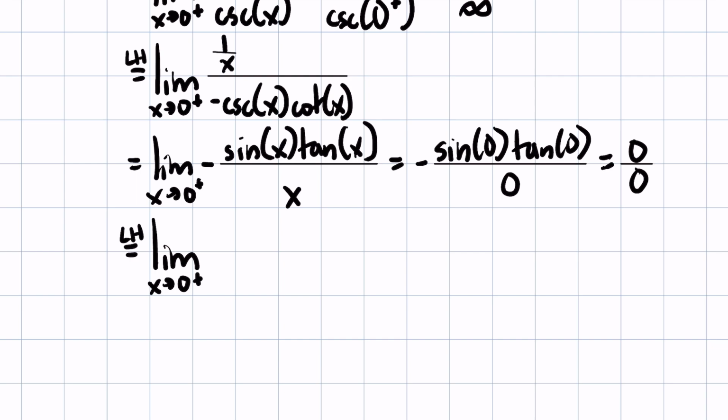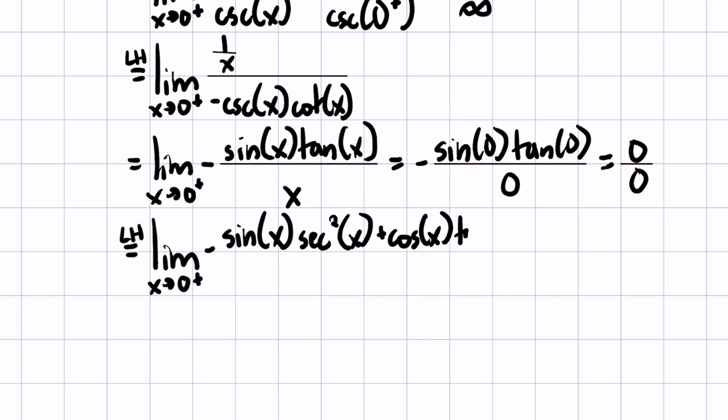And so when I L'Hopital it, I'm going to have to use product rule on top. I'm going to get negative sine of x times secant squared x plus cosine of x tangent of x in the numerator. And then in the denominator, the x just becomes a 1.